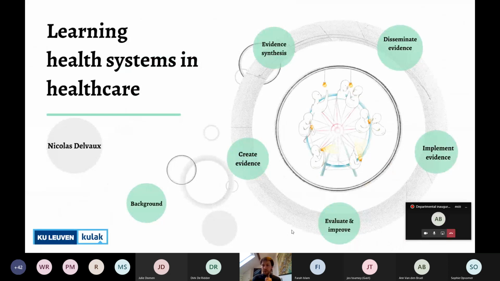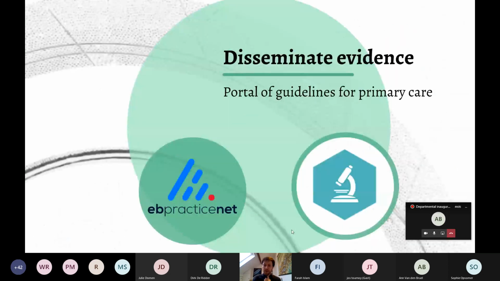How do we get this information in a timely manner to clinicians? And this is something that over the last 10 years I've been working on very fervently with the people from EBPracticeNet. EBPracticeNet is an organization or a platform that was formed about 10 years ago from the realization that a lot of entities in Belgium are working on guidelines.